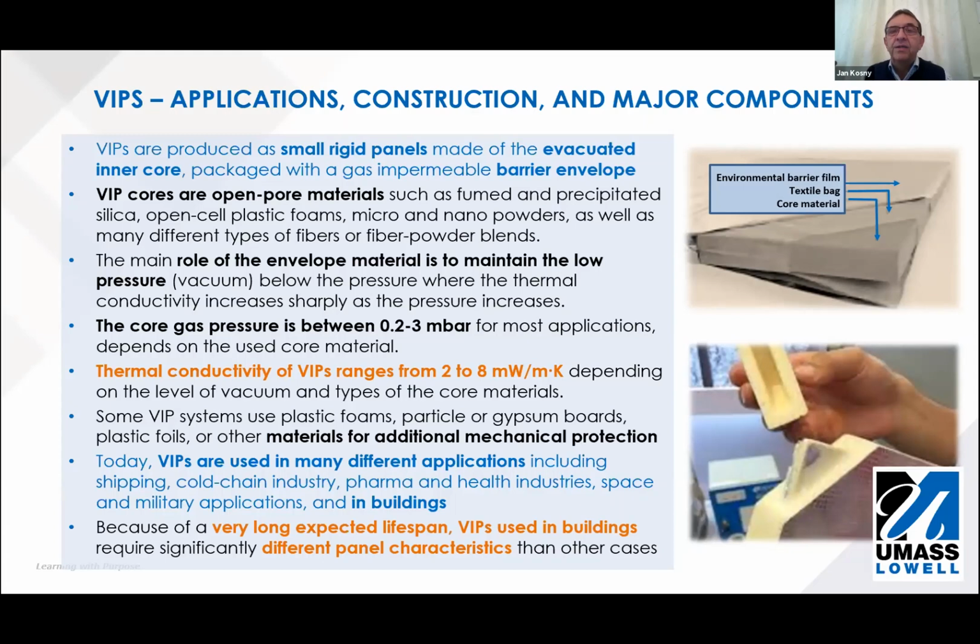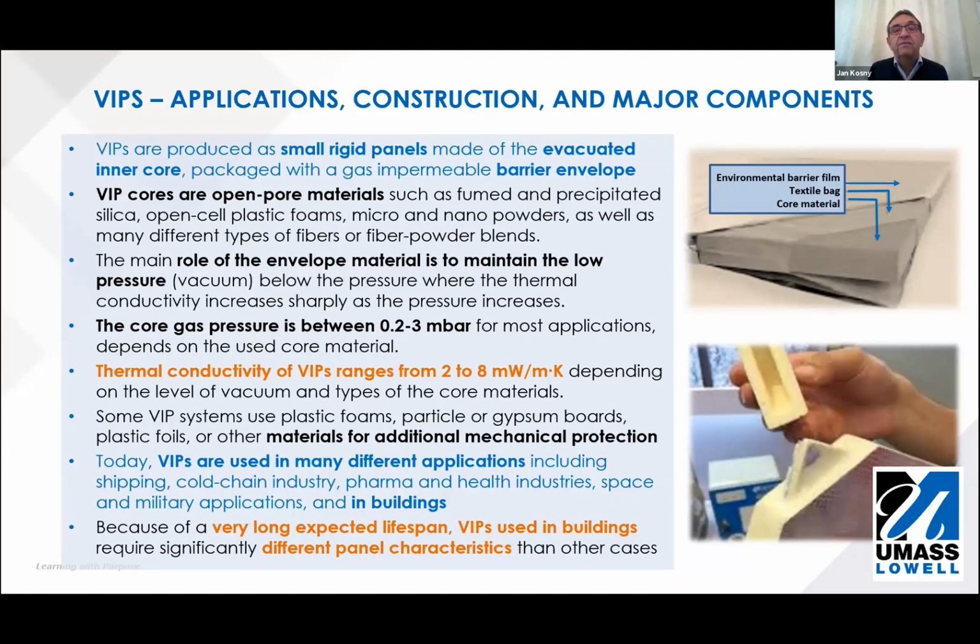And the third one is the membrane, which keeps all the exterior air from coming into those pores within the vacuum core. The vacuum level within vacuum panels is somewhere between 2.2 to 3 millibars, and the thermal conductivity at the center of the panel is somewhere between 2 to 8 milliwatts per meter Kelvin.